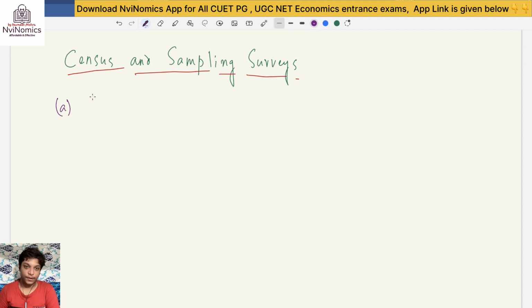So, can anyone tell me what is the census method?